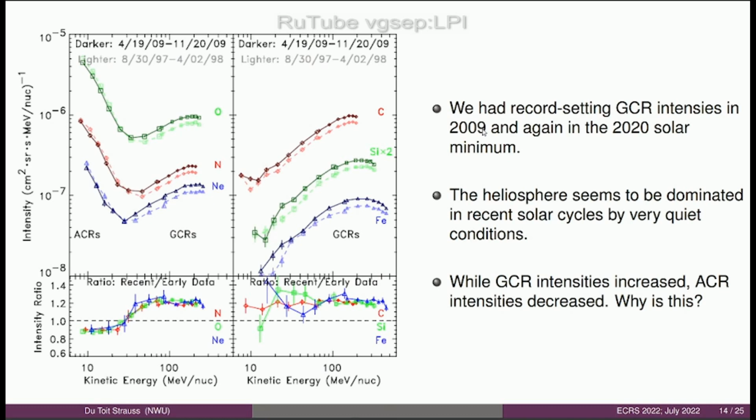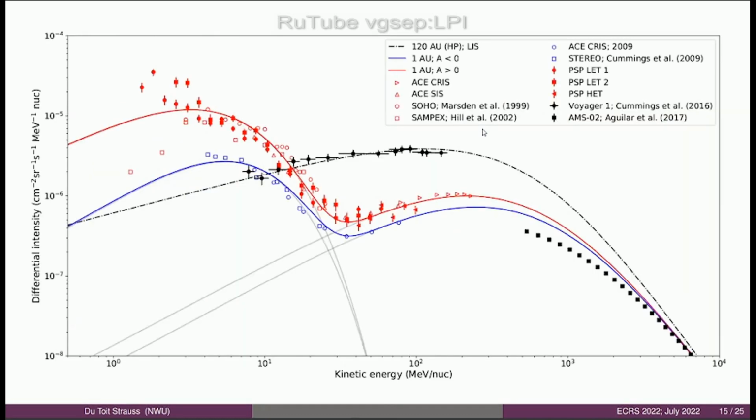And we've done a lot of work, well, we're busy doing a lot of work trying to simulate this for different scenarios. This is again something we can do now for the first time, at least according to me, because we have enough spacecraft observations to remove a lot of uncertainty. So we start by simulating galactic cosmic ray intensities. For that, you need to know what the spectrum is outside the heliosphere.